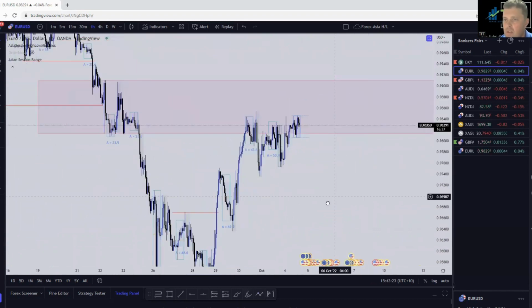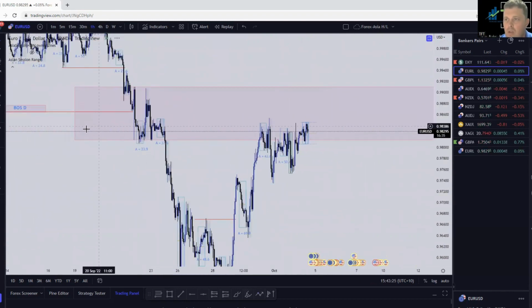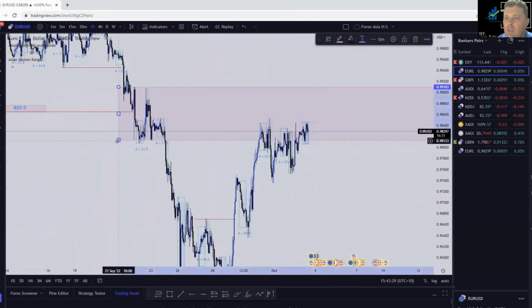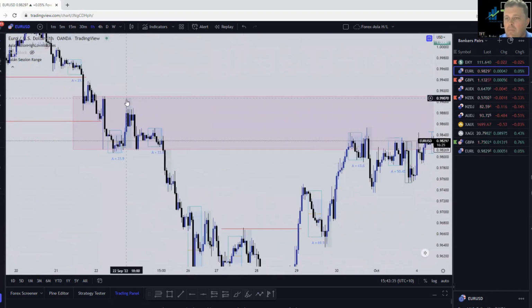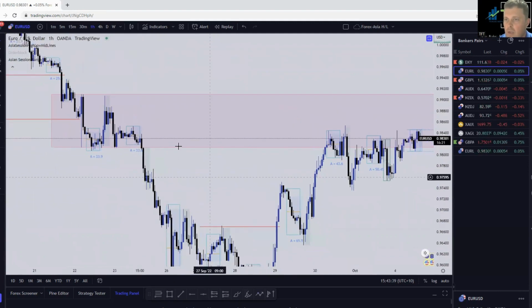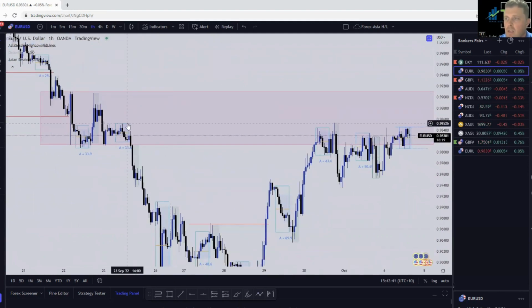Okay, dropping down to the hour, we can start to consolidate this range down a little bit. Now, as you can see here, we've had a strong impulse up, a breakaway, a bit of consolidation here and a breakdown. Now that consolidation range there, that old Asian range high has been swept by this candle and then had a big rejection out. And as you can see, we've come back up to those areas.